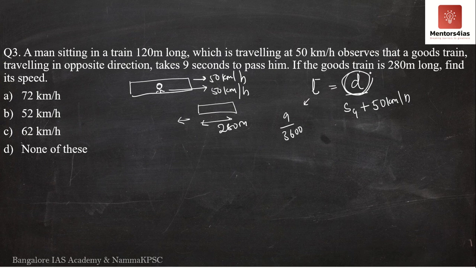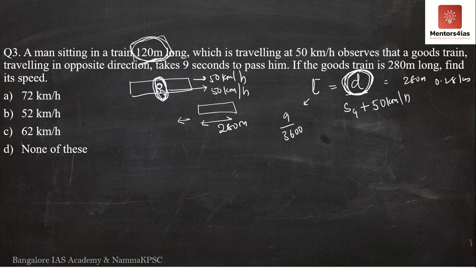Now here is the catch, distance. This distance is nothing but 280 meters or 0.28 kilometers. This 120 kilometers is given just to confuse you. This is unnecessary information. The person is sitting inside the train and is seeing that the train is crossing him and him alone.